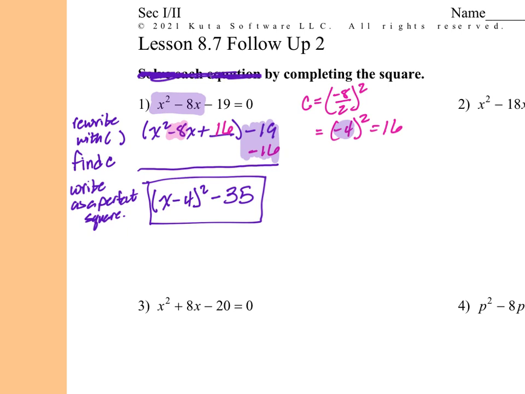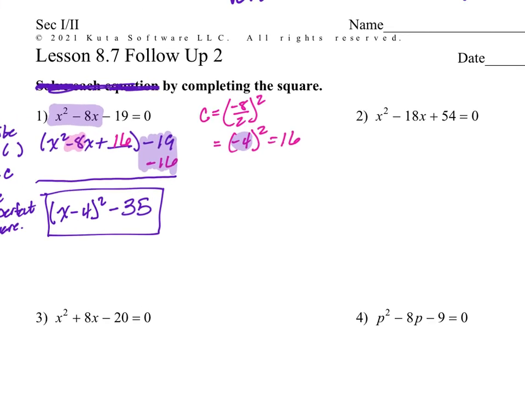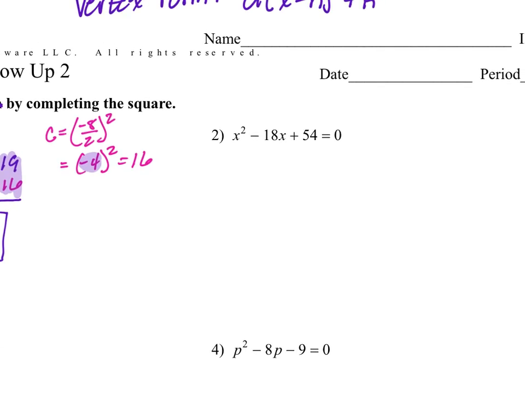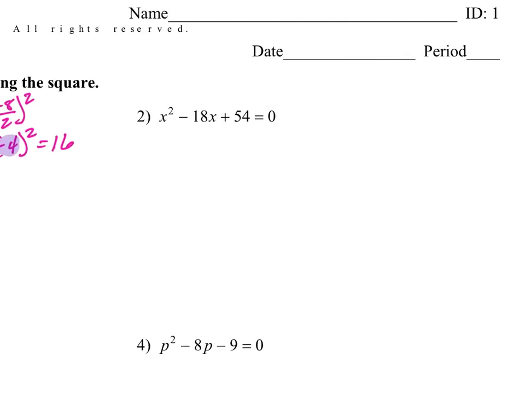Okay, so we're going to do the exact same thing again. Same steps, same everything. So I'm going to rewrite it first, and I'm going to rewrite it with parentheses, right? So this becomes x squared minus 18x plus some number plus 54.